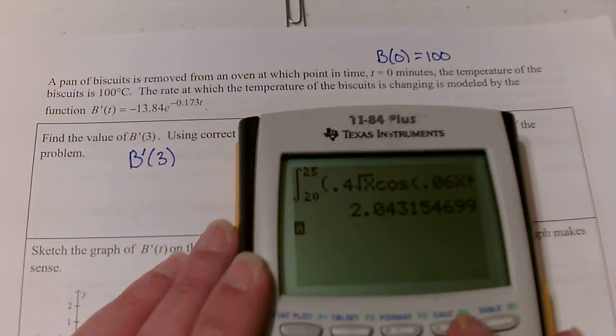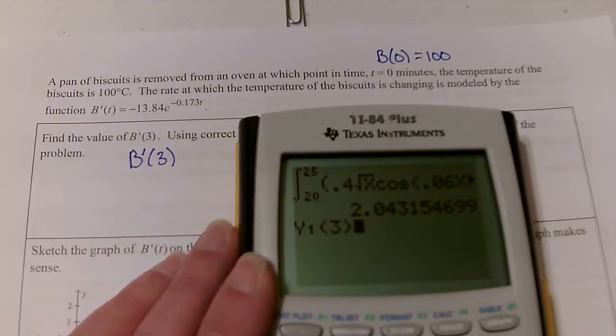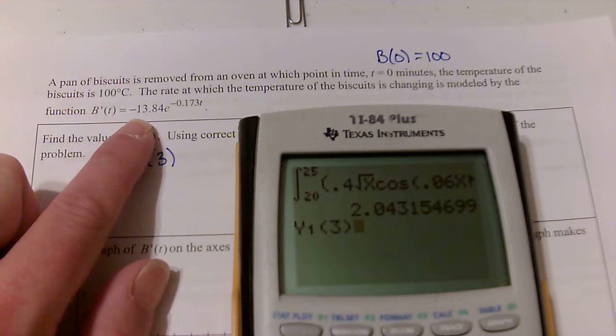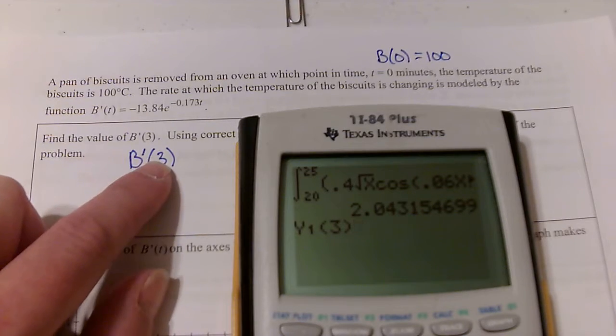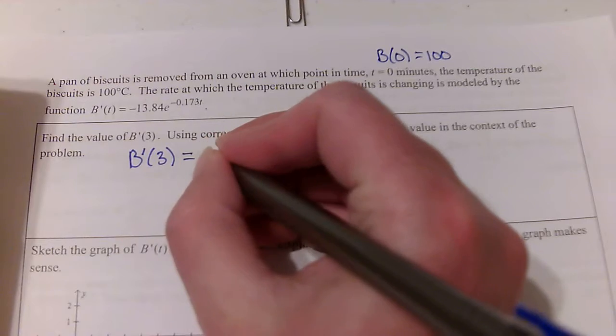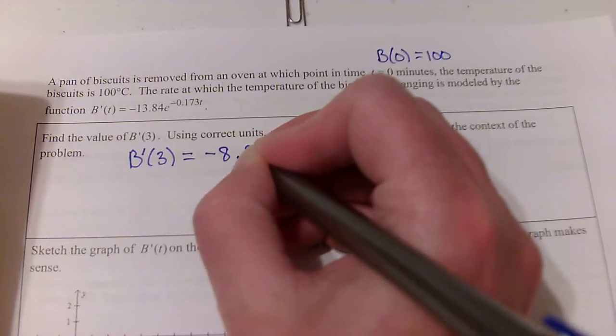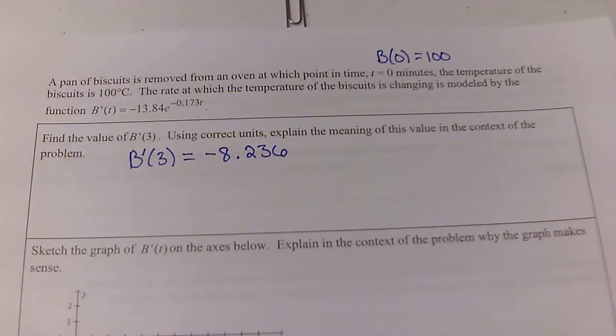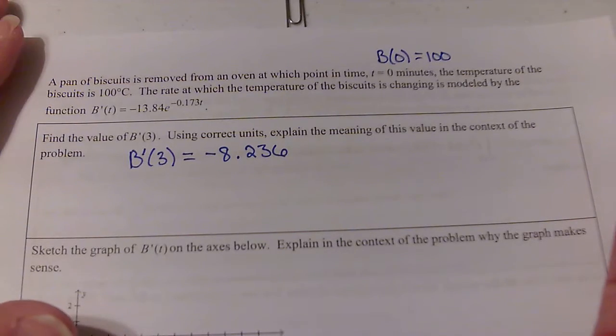Now to evaluate that function at 3, I put the derivative function into my y1, and then I'm plugging in 3. I get negative 8.236.